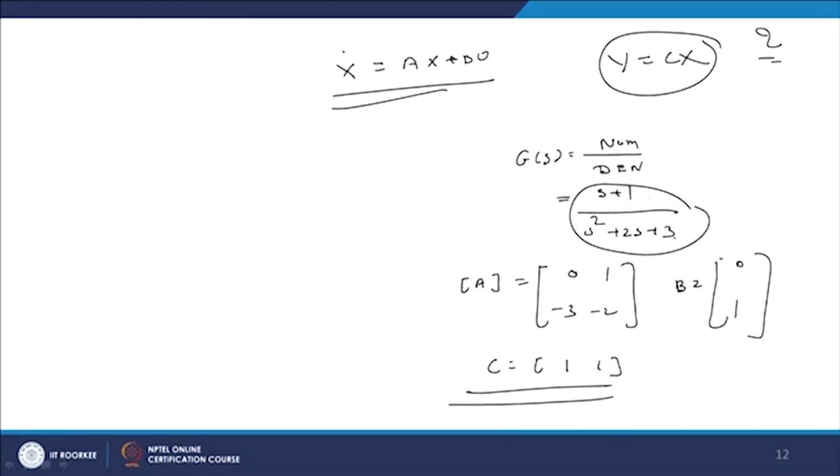So, for a system like this, we mainly concentrated on s squared plus 2s plus 3 and designed a controller, but there is also this s plus 1.